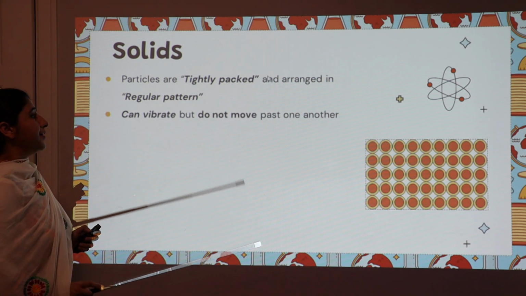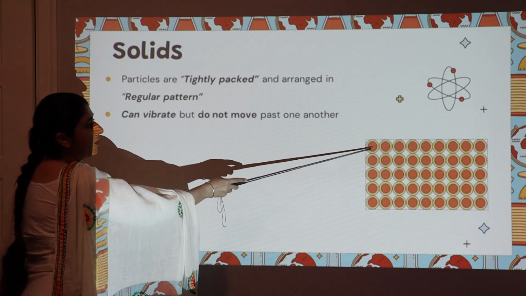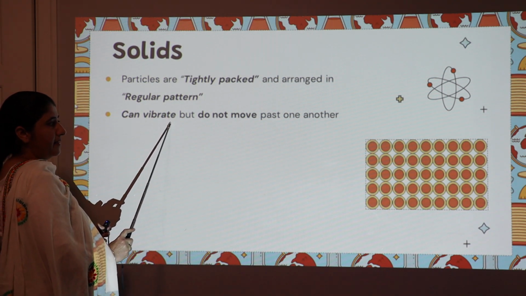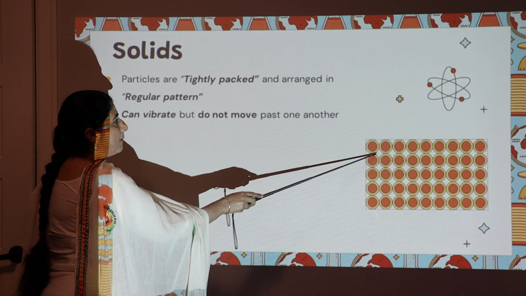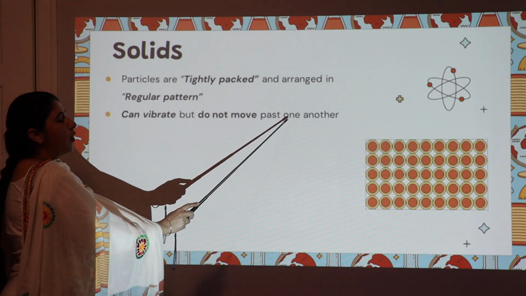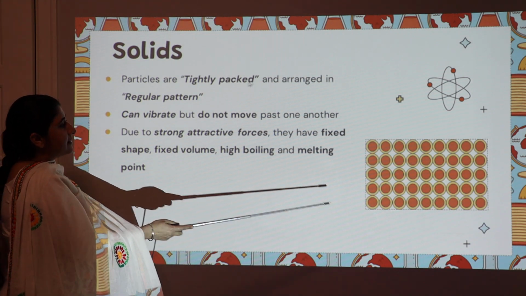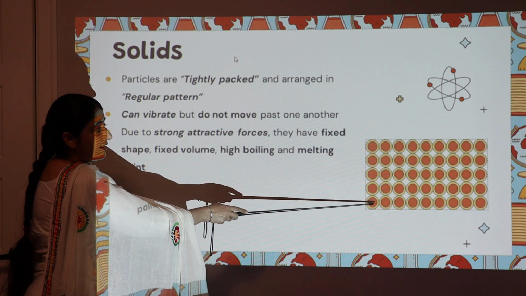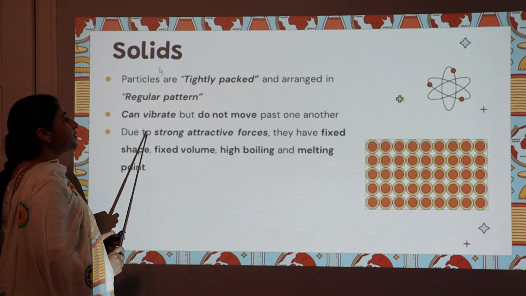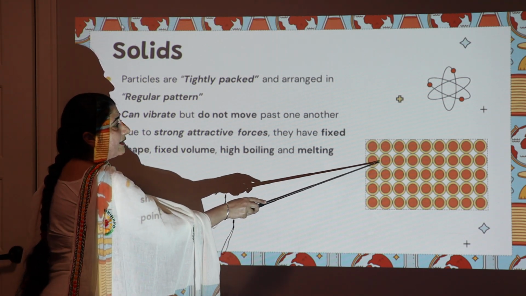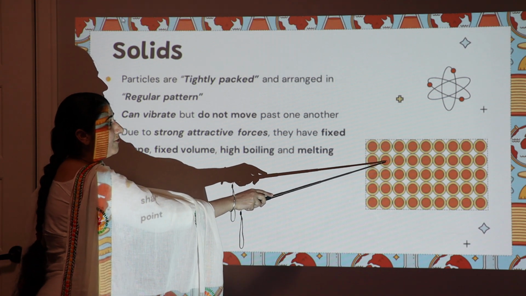Due to this tight packing, the particles can vibrate about their positions, but they don't move past one another. Since the particles are arranged in a regular pattern, there are strong attractive forces between them, which means the particles are held by strong attractive forces.